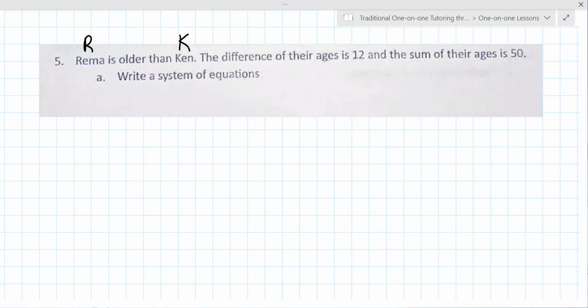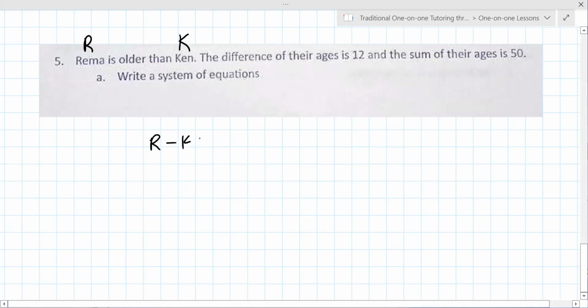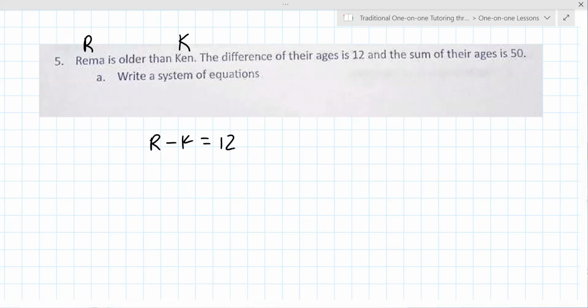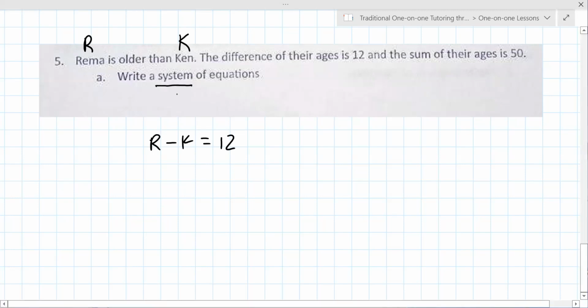I got R minus K equals 12. Okay, what's the next one? For B? No, there are two. So here's what system means in this problem. System means two equations. You're going to give me two equations. You've only given me one. Okay, so is it K minus R equals 12?